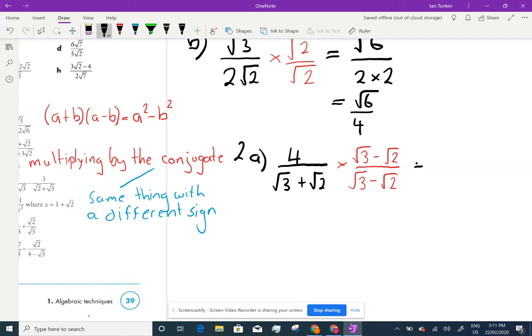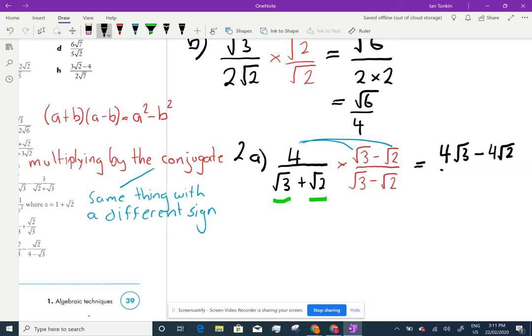Okay, so that gives me on the top 4 times root 3 and 4 times root 2. So I get 4 root 3 minus 4 root 2. Now on the bottom, all I get is that squared minus that squared.